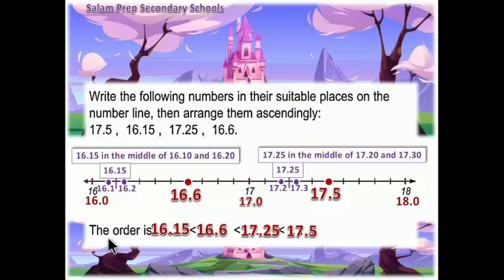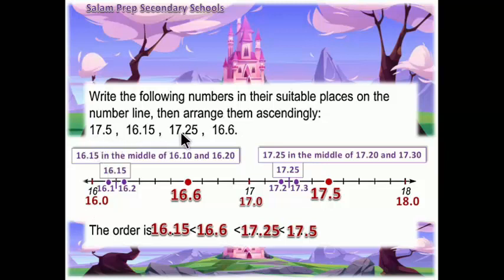Now we want to arrange these numbers in ascending order. The smallest number here. Please look at the whole number: 16, 16. Now we need to look at the decimal part. This is 15 in decimal part, 6 in decimal part. 6 in decimal part means 60. Okay? So 15 is smaller than 60. 16.15 is smaller than 16.6, in other words 16.60.